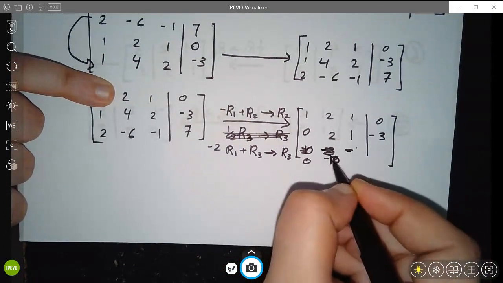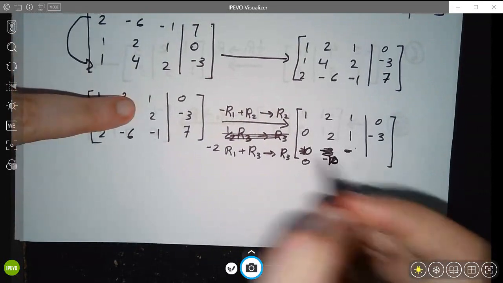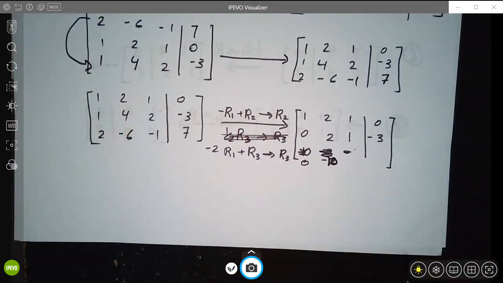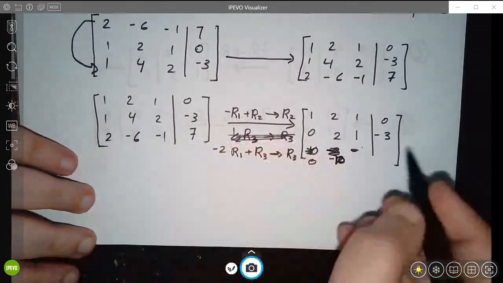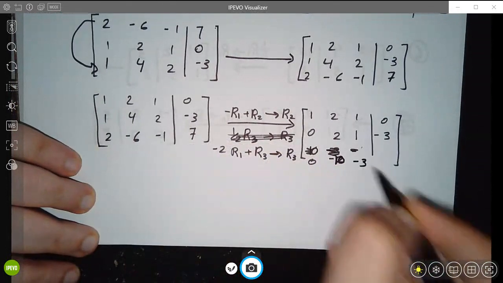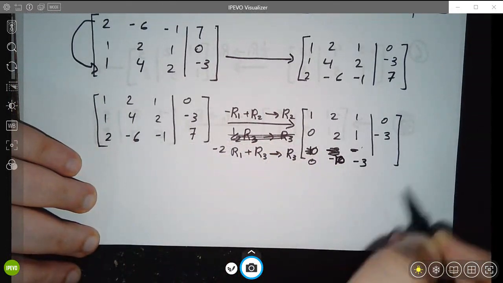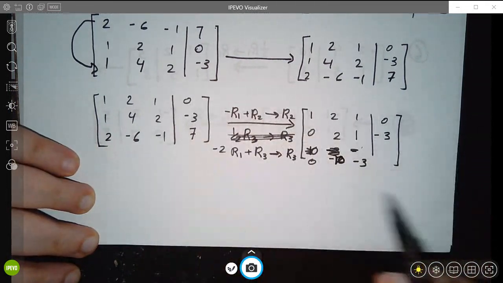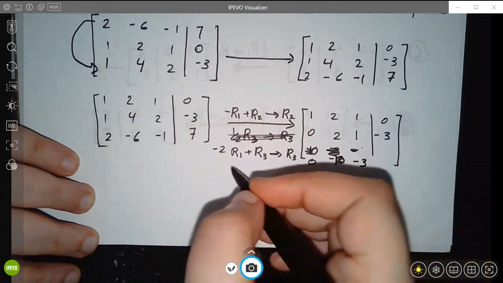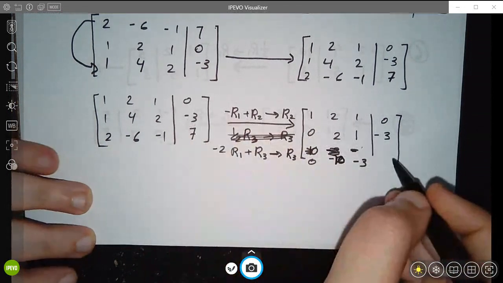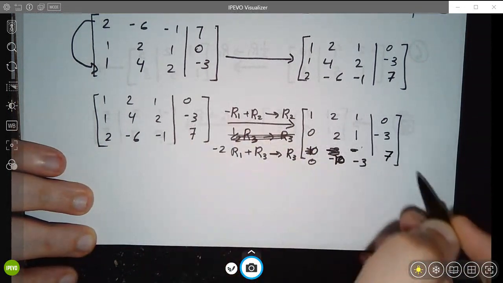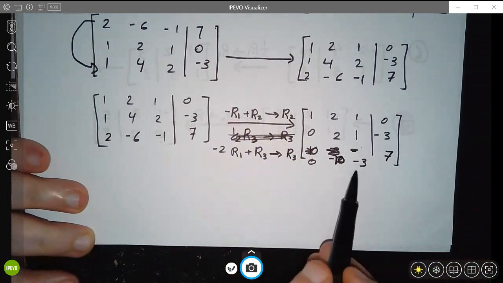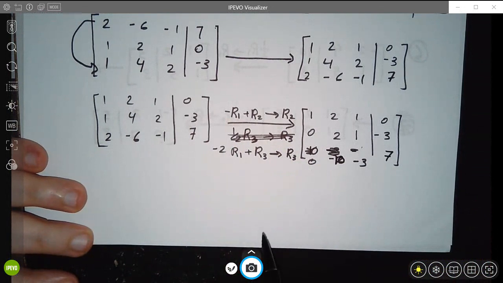Right? So we have 0, -10. And then the 1 times -2, which is -2, plus the -1 puts you at a -3. And for the answer, 0 times -2 is still 0, plus the 7, and the answer is still 7. Okay, so the new row is 0, -10, and -3.